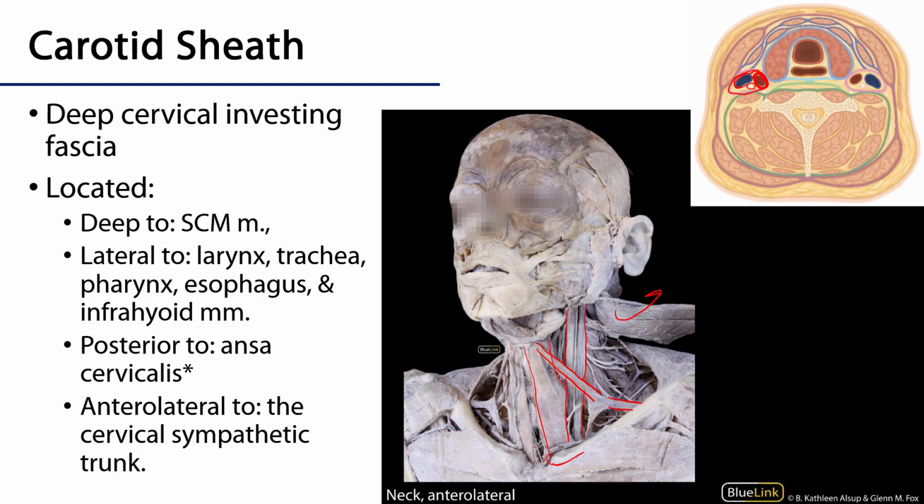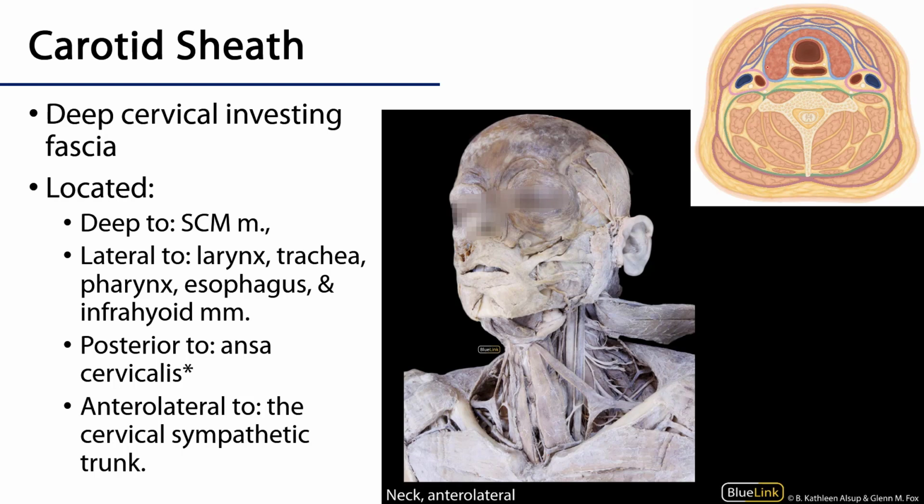It's also going to be, if we look over here on the cross section, there's the trachea, and esophagus, and then there's the thyroid gland. So it will be lateral to those structures as well. Let me erase some of this so that we can see a couple of additional structures in here as well.